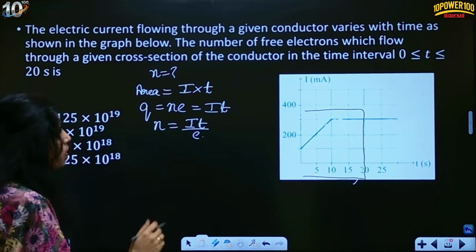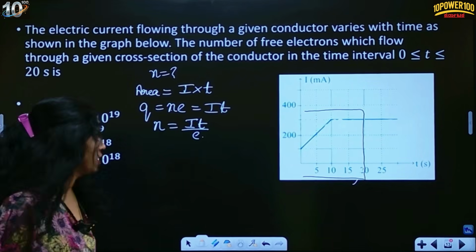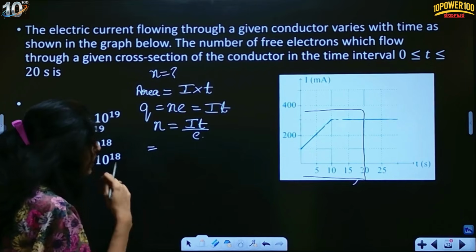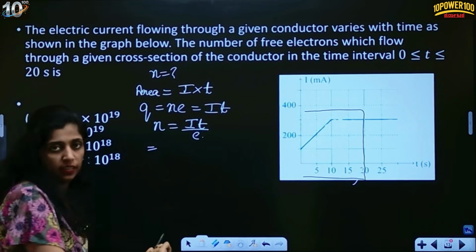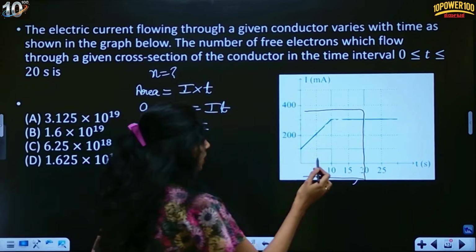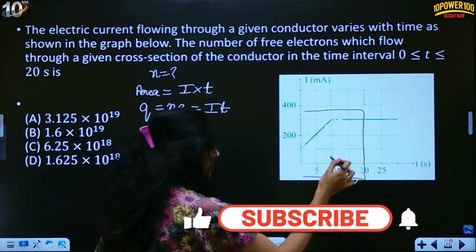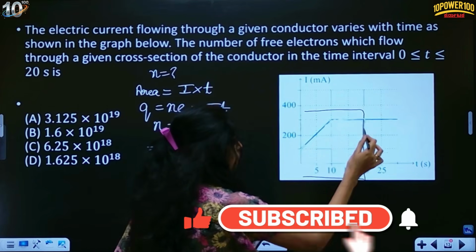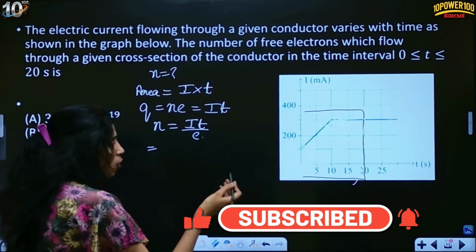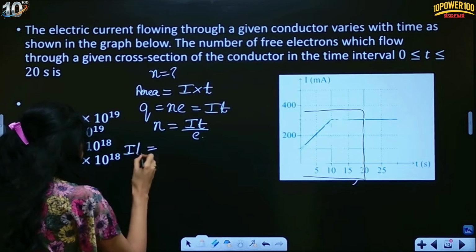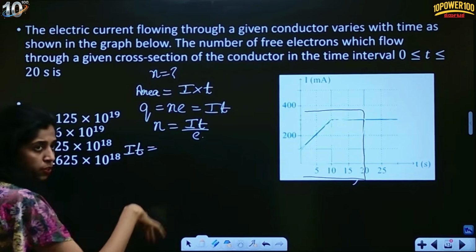The value of E is 1.6 into 10 raised to minus 19. Now how to find out I multiplied by T? We are finding the area of the graph. You can just see the area over here. You have a trapezium over here. Can you see this part? This is a trapezium, and then you have a rectangle, guys. First let us find out what is IT, later we will substitute over there.